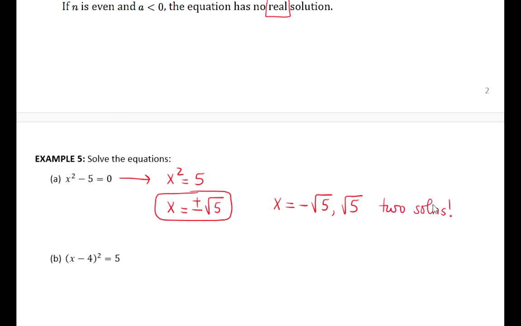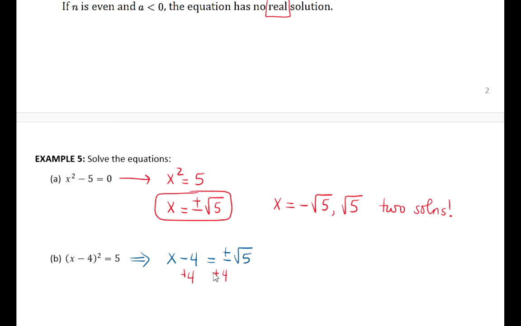Okay. For this example, it's similar, but this time we will first isolate x minus 4. So from here I got x minus 4 equals plus or minus square root of 5. So I add 4 to both sides to isolate x. But you can't combine these two.